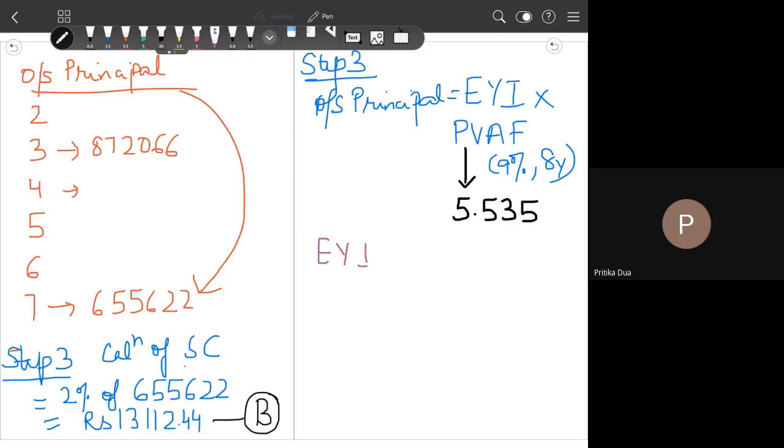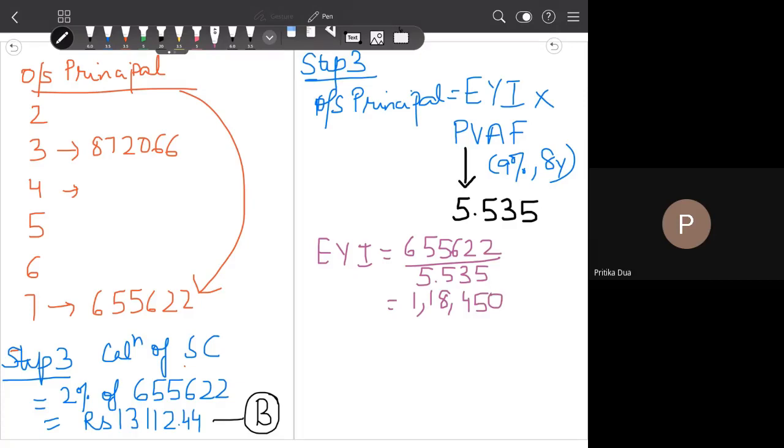So EYI will be 655,622 divided by 5.535. So please check how much is the installment coming to. So this turns out to be 1,18,450.